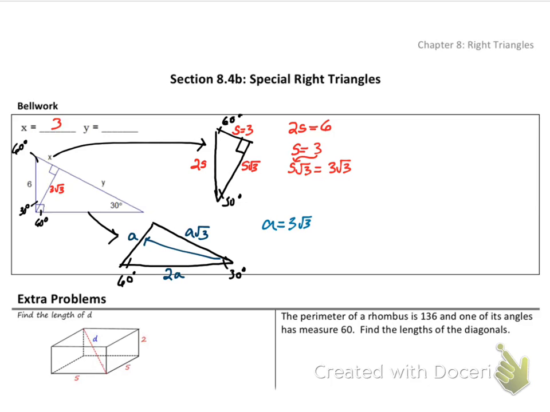Does that make sense? I don't want to lose you in the dust or anything. So we have a equals 3 square root of 3. Well, I don't need to find 2a, because it doesn't ask for this side. I need to find my y, which is this length right here. So we're going to say a square root of 3. I want to find that side. Well, I'm just going to plug in what a equals.